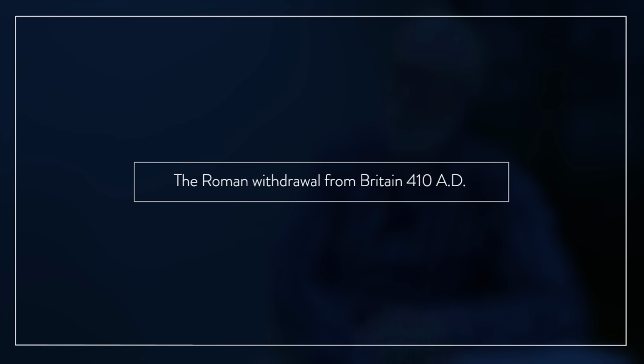Mostly that happened so many thousands of years ago that we've no record of it. But one situation that works pretty well is the Roman withdrawal from Britain, which happened in AD 410. And we know a reasonable amount about it. We know what Britain was like before AD 410. It was a Roman province.